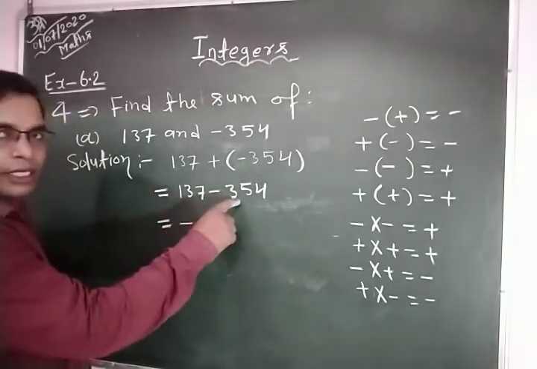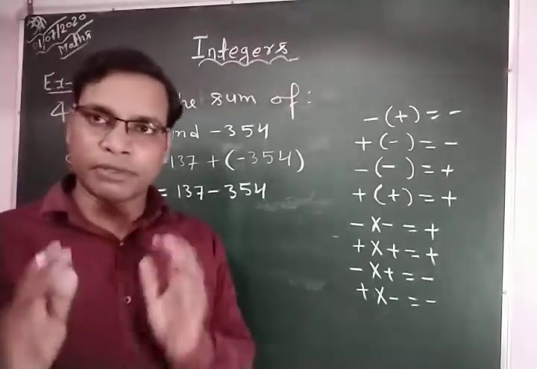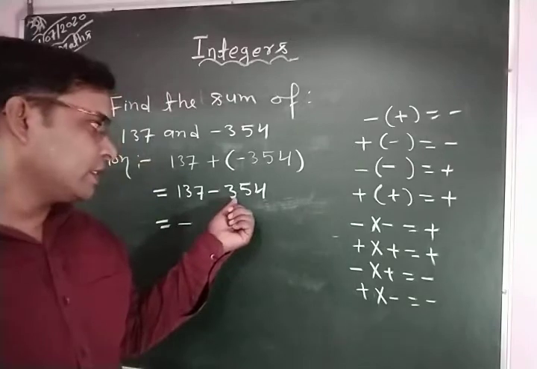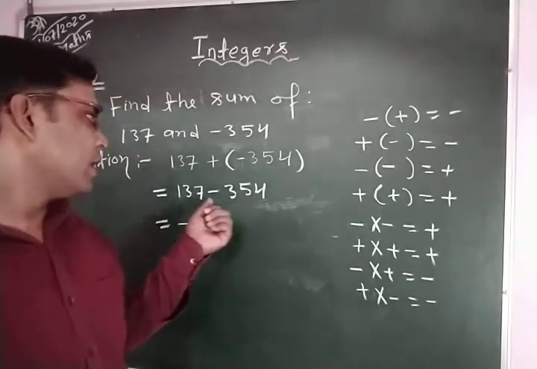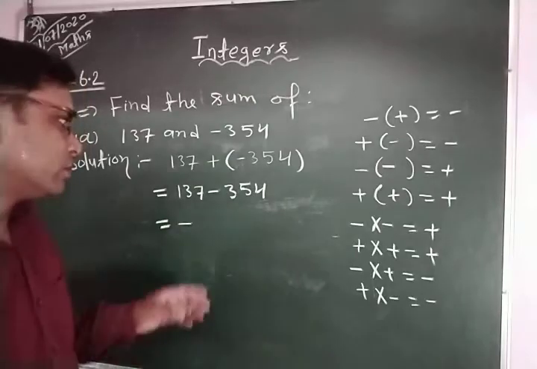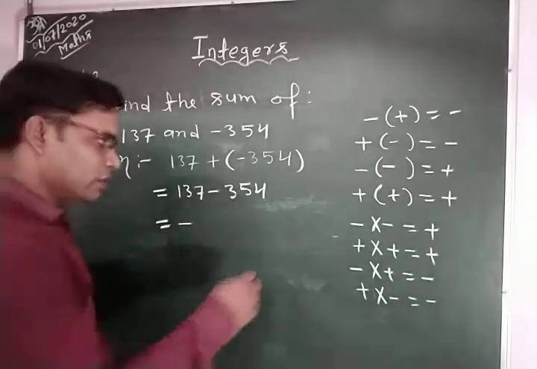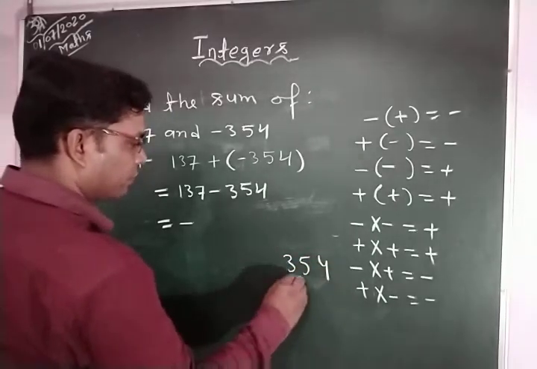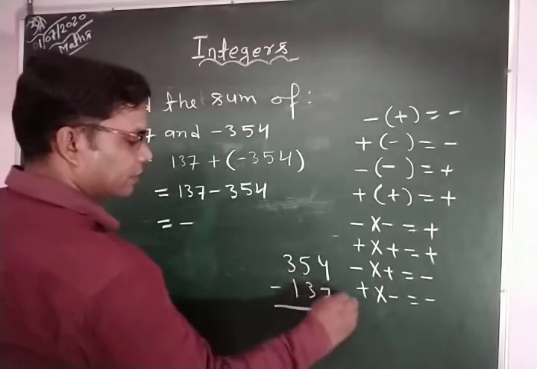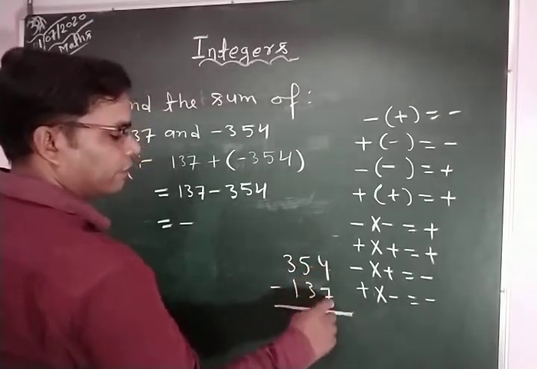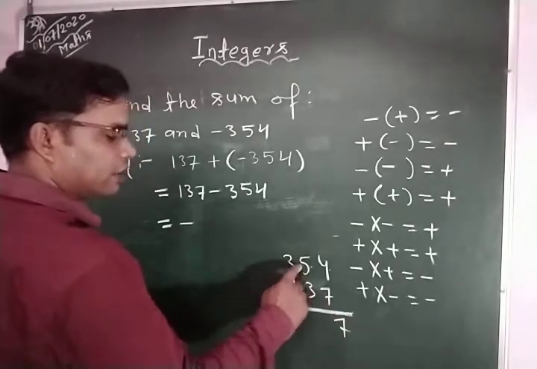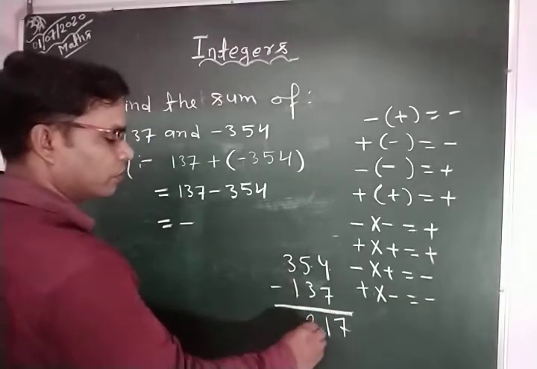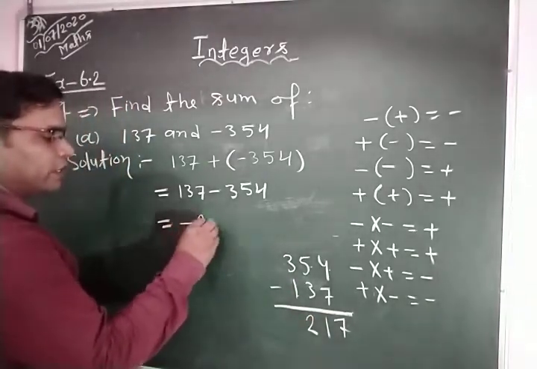One is plus and the other is minus, so subtraction is involved. We subtract the smaller number from the greater number: 354 minus 137. 14 minus 7 is 7. Then 4 minus 3 is 1. And 3 minus 1 is 2. So we obtain 217.